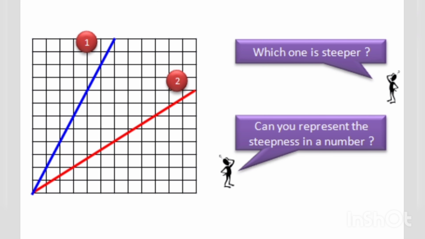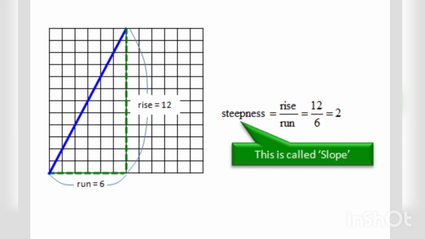And up till now we have not yet explored the concept of slope formally. But if I were to ask you how you would represent steepness, that is the slope, numerically, then you should remember that steepness or slope is formally defined as a ratio of run over rise.